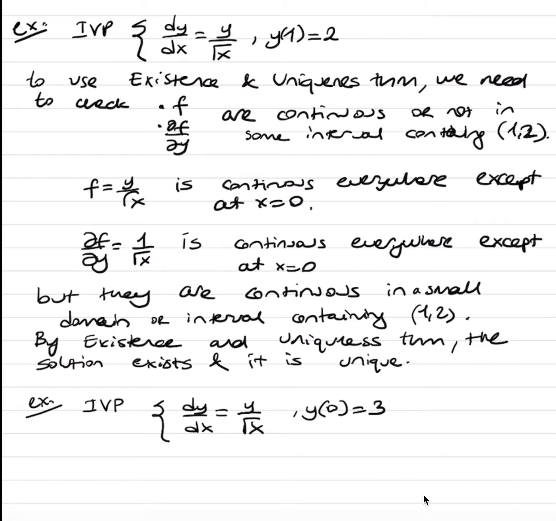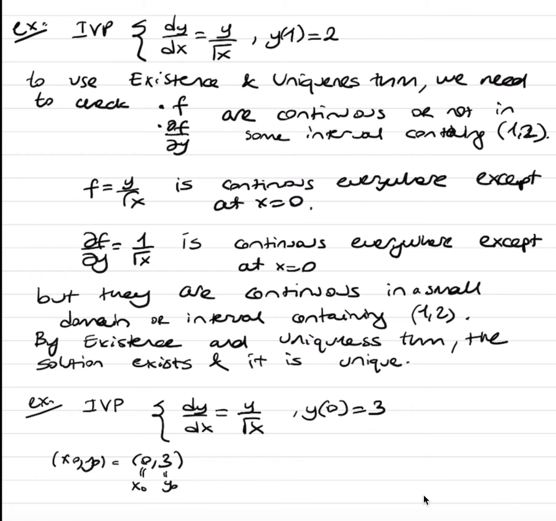Again, because of this point x0 and y0, this time x is equal to 0. So this is x0 and this is y0. We cannot escape from the point 0, where f and del f over del y are not continuous.